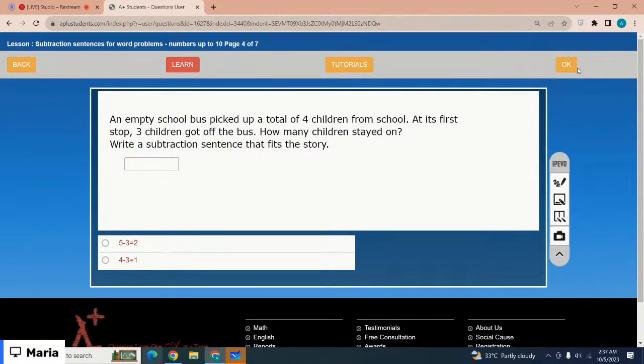An empty school bus picked up a total of 4 children from school. At its first stop, 3 children got off the bus. How many children stayed on? Write a subtraction sentence that fits the story.